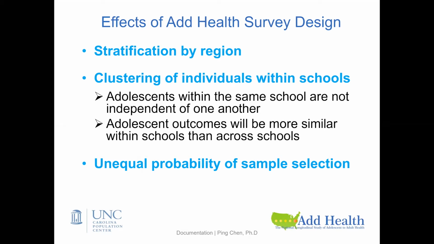Well, adolescents within the same school are not independent of each other, and in fact, the outcomes will be more similar within schools than across schools. And then the last thing is, of course, the unequal probability of sample selection that I just talked about.